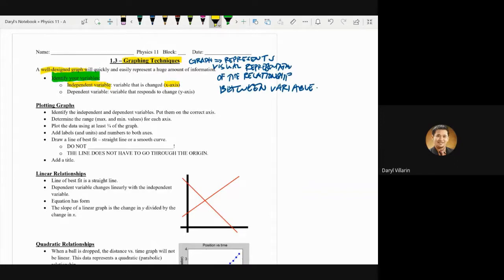Remember that a Cartesian coordinate plane consists of an x and a y, wherein the common point of intersection is the zero or the origin. So when you plot your variables, the x-axis must represent your independent variable. Whatever your independent variable is, it should be plotted here.